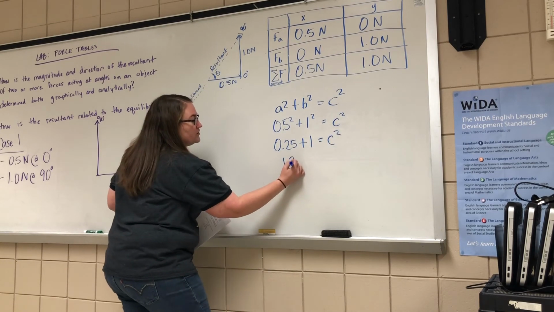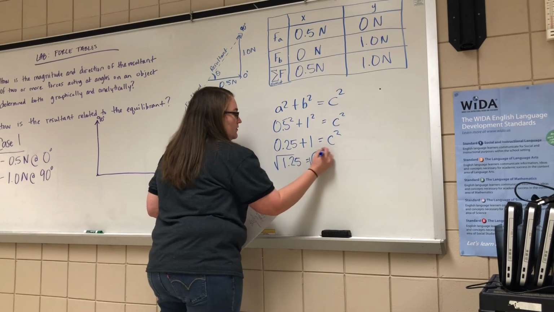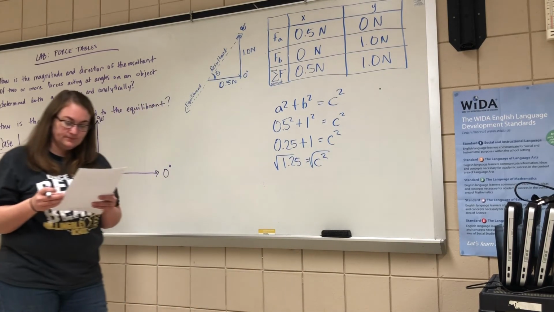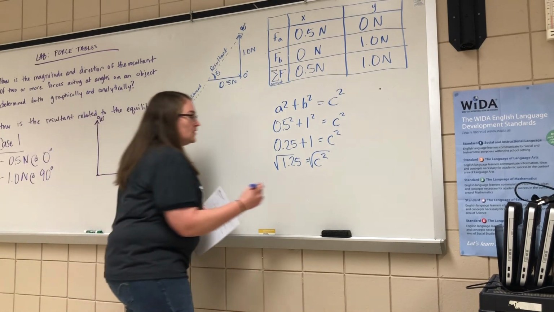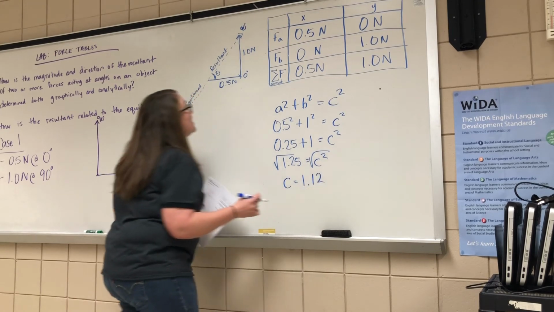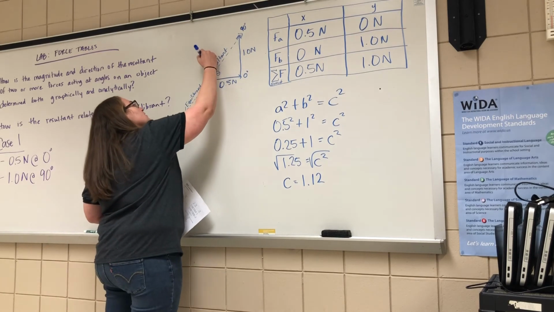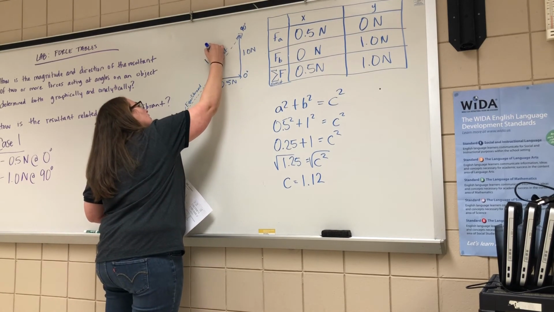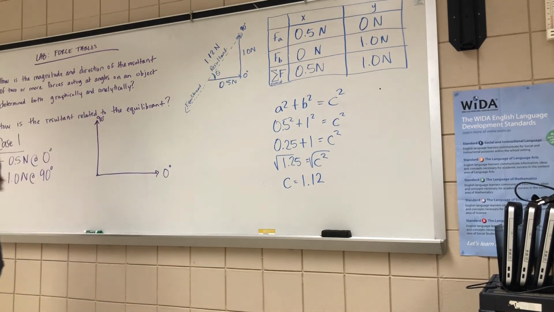So 1.25 is equal to c squared. What are you getting for c? 1.12. Okay, so c is equal to 1.12. So I know that mathematically the force of my resultant should be 1.12 newtons.